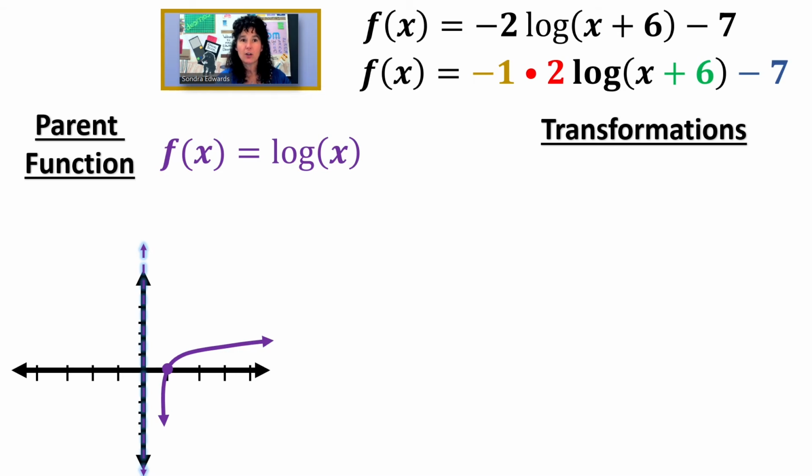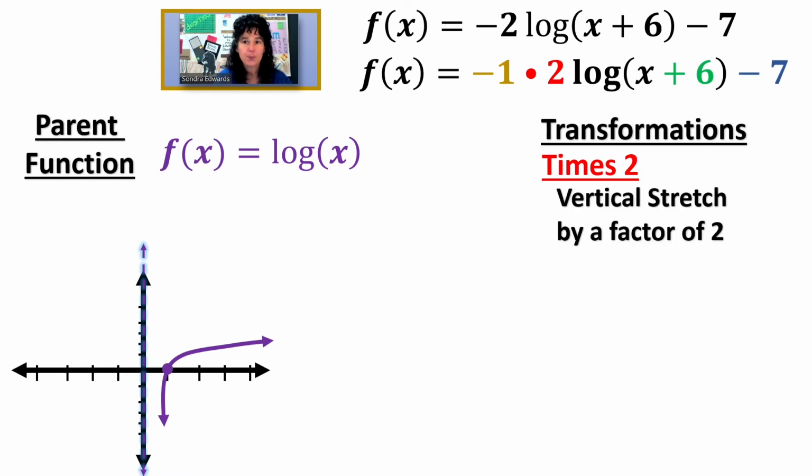Okay, so starting with wake up in the morning and stretch. So times 2, that is a vertical stretch by a factor of 2. Multiply by -1, kind of a visual there, right? Multiply by -1 is a reflection across the x-axis.